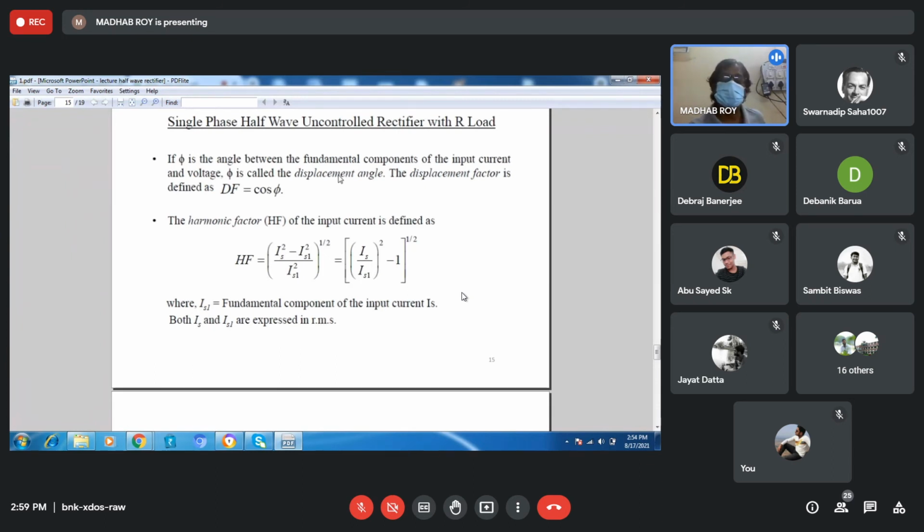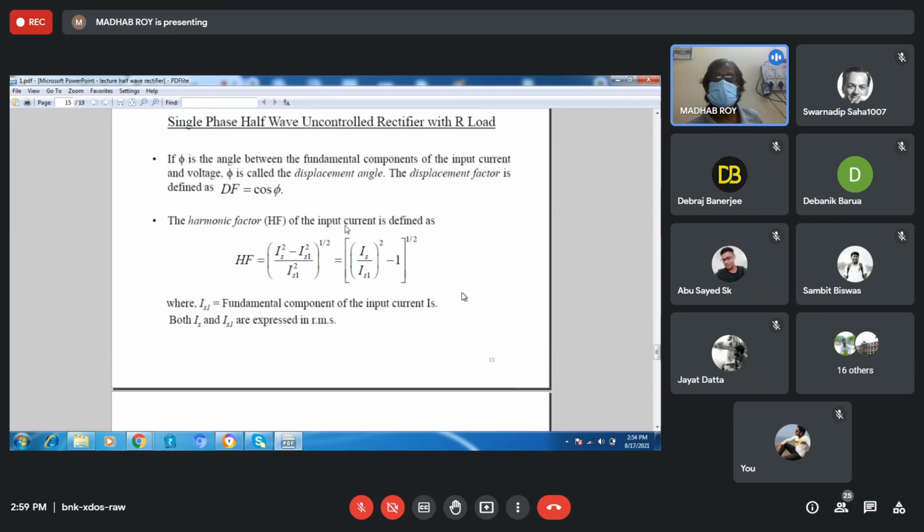This is new terminology applied for rectification. The displacement factor is defined like this, just like a power factor, and it is called cosine phi.